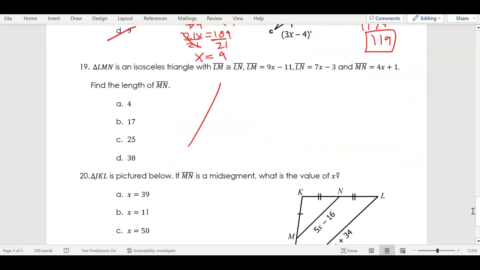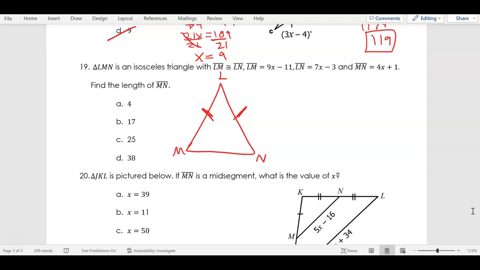Isosceles triangle. Go ahead and draw it. Hey, LM is congruent to LN.